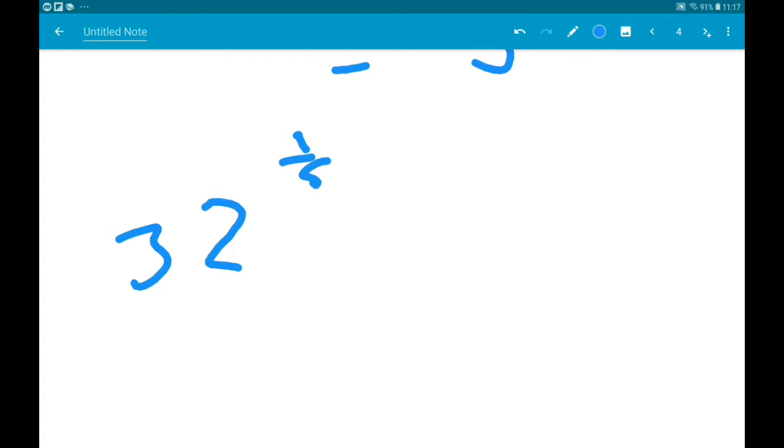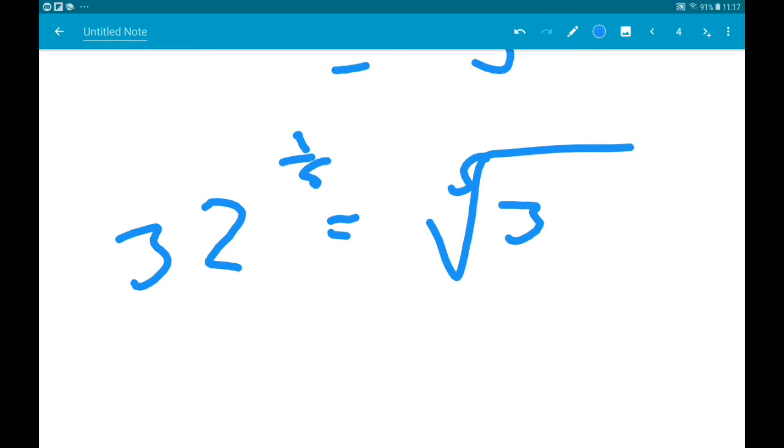So that is asking for the 5th root of 32. So let's try this. Okay, so 1 times 1 times 1 times 1 times 1 is just 1. 2 times 2 times 2 times 2 times 2 is 32. So the 5th root of 32 is 2.